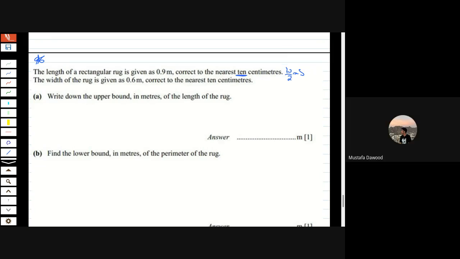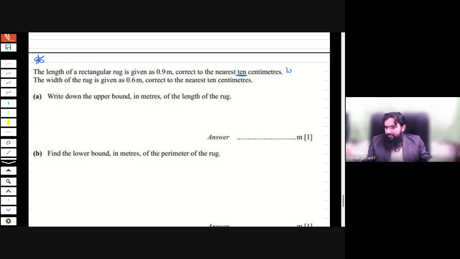So we will divide the 5 by 100. It is 10 divided by 100, it will be 0.1, right? So nearest 0.1 meters divided by 2, you are going to get 0.05 meters. So plus minus 0.05.